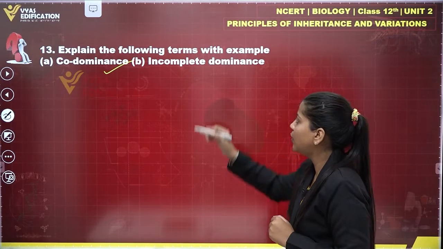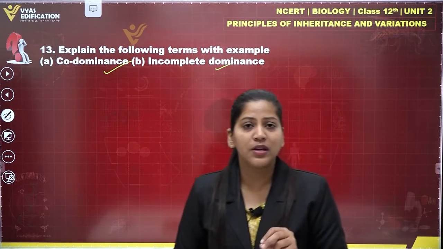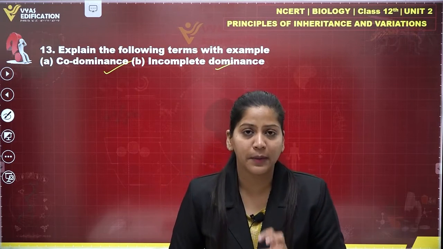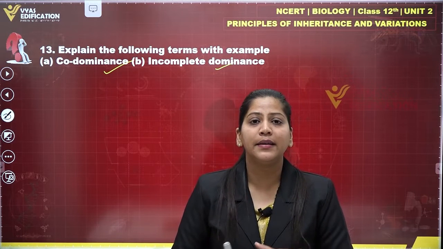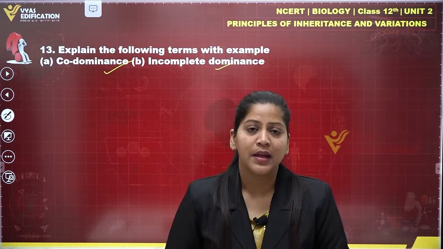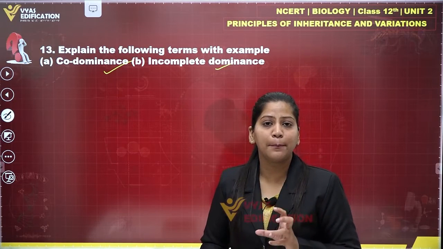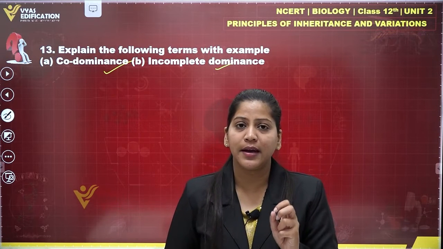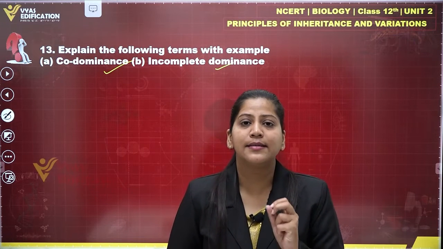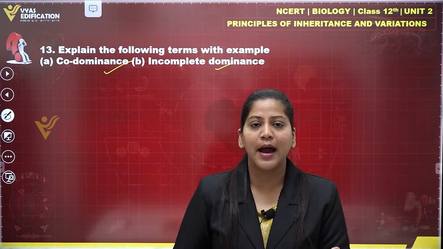Whereas in incomplete dominance, the genes of an allelomorphic pair are not expressed as dominant or recessive, but they express partially. The example of incomplete dominance in NCERT is the snapdragon flower. Snapdragon flowers are red colored and white colored.